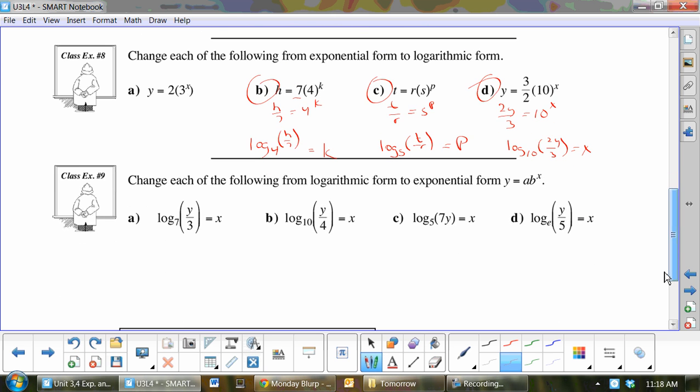Okay, these I want in the form y equals a b to the x. We'll just do b and d. Okay, Wiley, what should I do? Okay, let's just get into exponential form first. What's the base? Okay, so it would be 10 to the what?